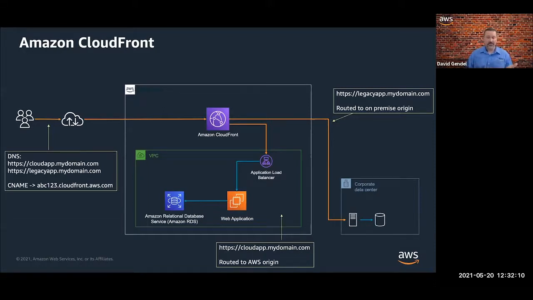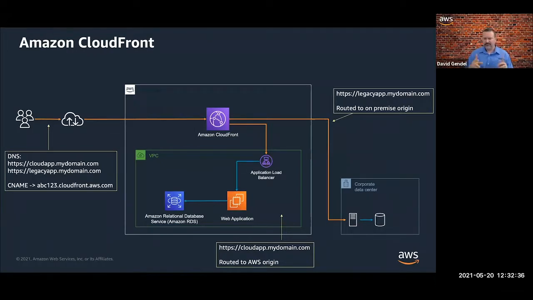Now, within one distribution, you can configure multiple origins and handle routing based on different rules or patterns. So in this example, if I have a request coming in for Cloud App, I'm going to route that to my cloud-based origin. And if I have a request coming in for Legacy App, I'm going to route that to my on-prem origin.